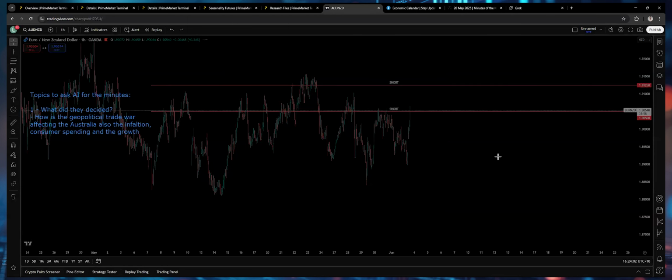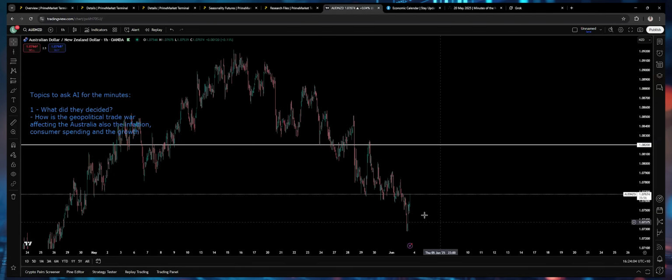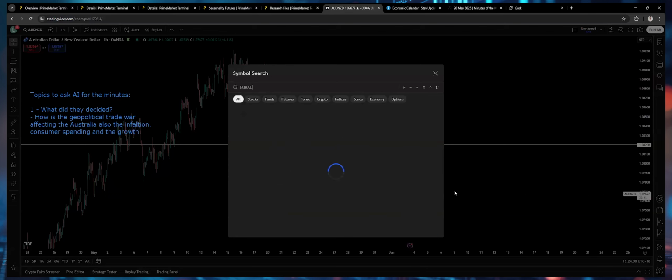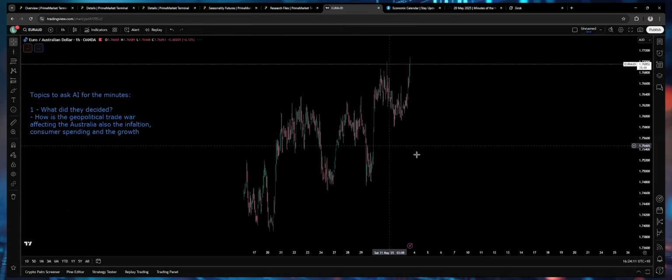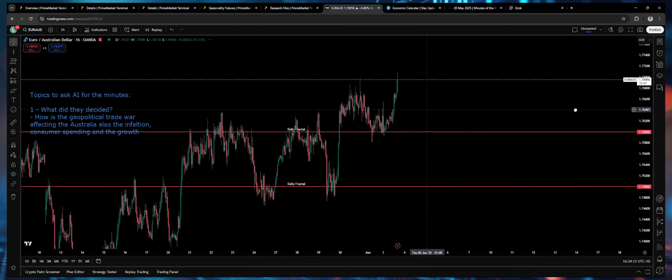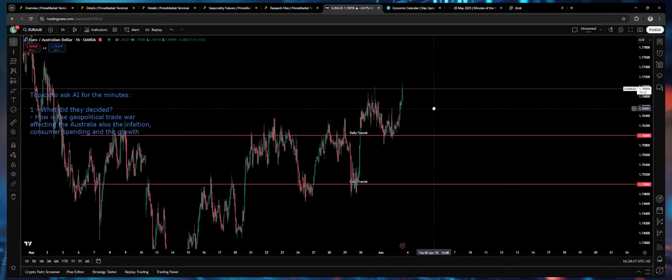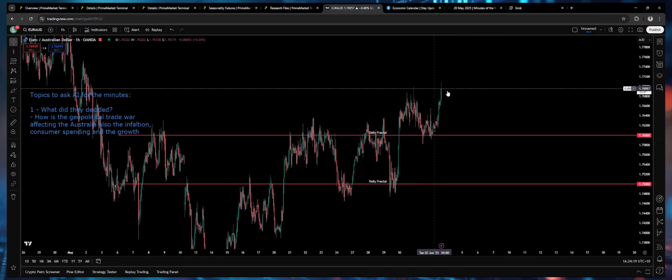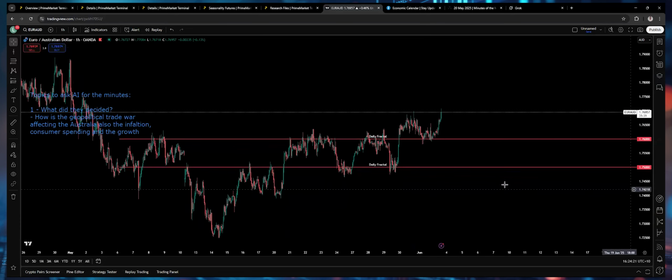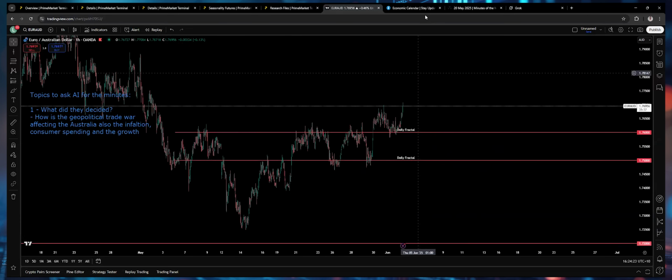Otherwise, Aussie New Zealand is a good short as well, with strong moves down. Euro AUD has been quite a tricky one, but I would say a short position somewhere around those levels would be kind of great.